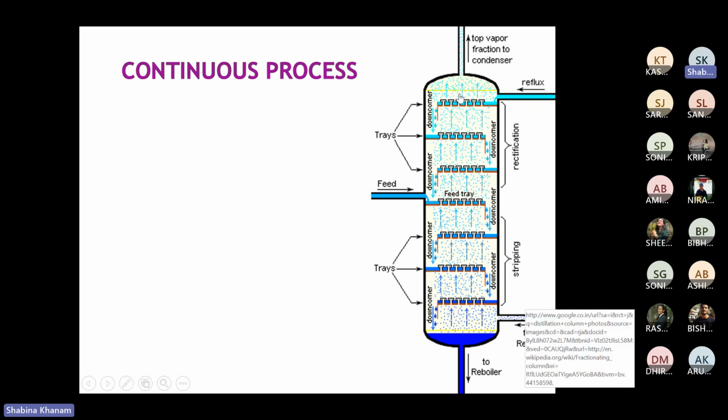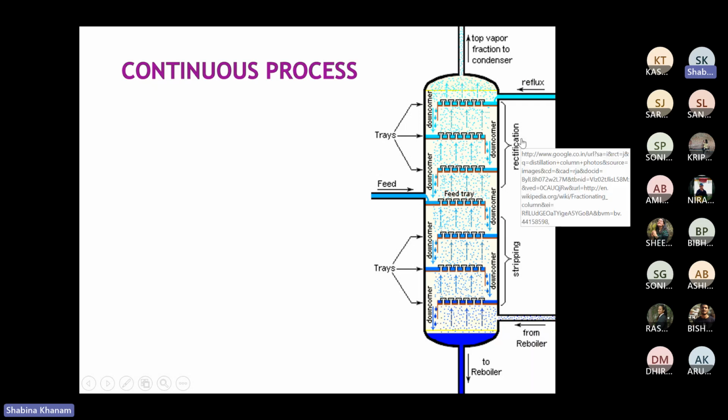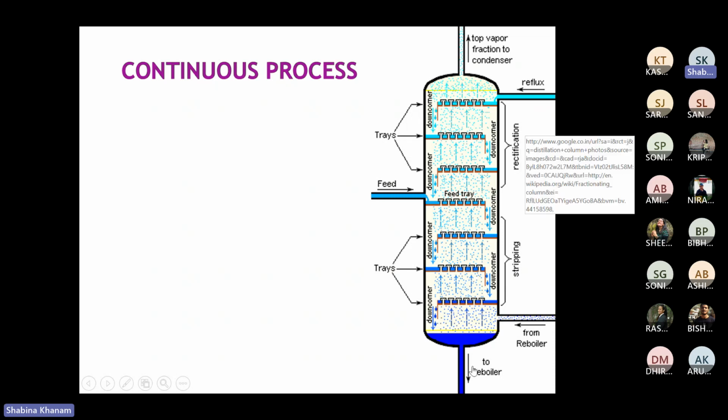Then it will exit the top of the column and enter the condenser. So the vapor has more of the lighter component, and the heavier component will be available with the liquid only. Therefore we take the lighter component from the top and the heavy component from the bottom. In this way you can consider the distillation operation. Many points we have covered already, but many more we will cover in subsequent slides.